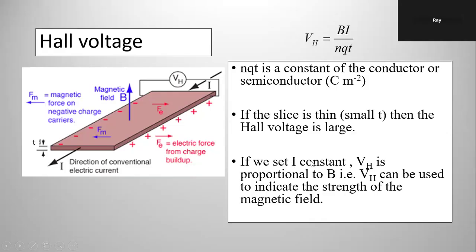If we set I constant, VH is proportional to B. VH is proportional to current, proportional to B. So if you keep all this constant, VH can be used: if we keep I constant, then VH is proportional to B.